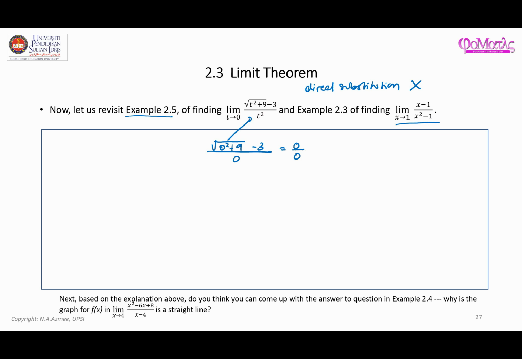Similarly for this one, if you substitute x equals 1 into this function, for the denominator the value is going to be 1 minus 1, which is equal to 0. And there you go, you have a problem computing the value of this function. So what we're going to do is change the appearance of this function.